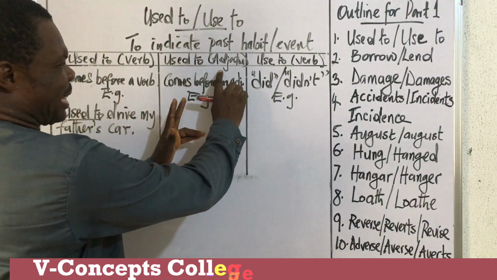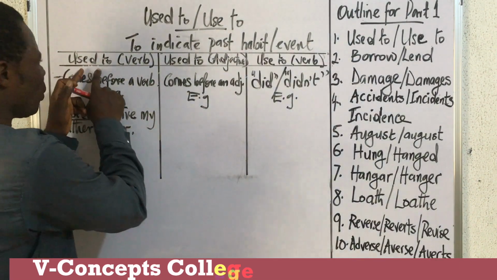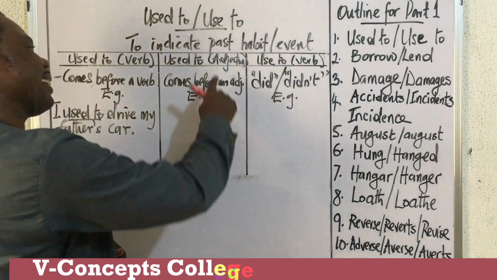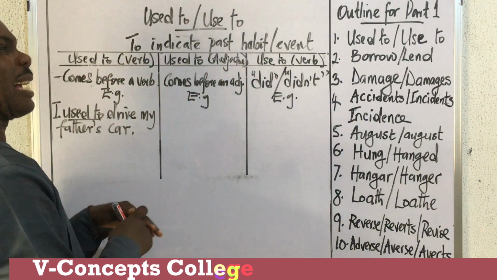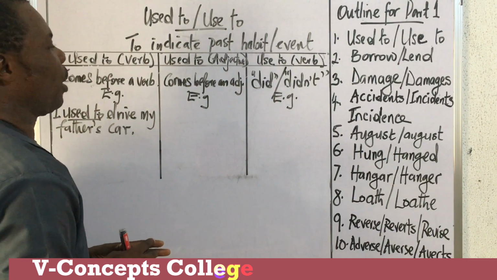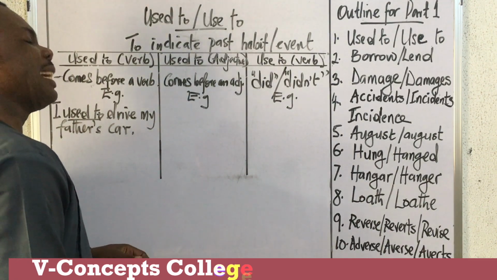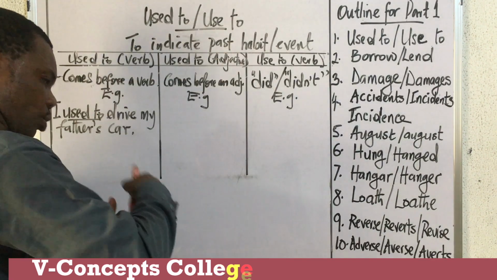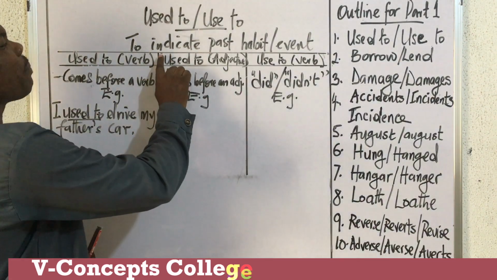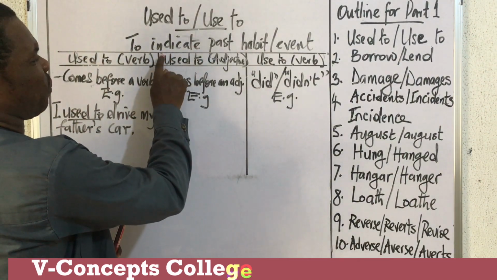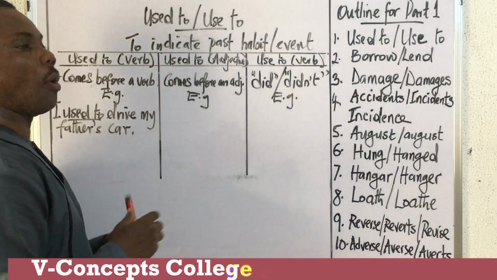And then when you are going to use it as an adjective, it will say something different. When used to is used as an adjective, it's not talking about an event that has only passed, but it is trying to tell you that the person speaking is accustomed to that event. To do that, you will normally bring a primary auxiliary verb to stand before used to, like is or are.